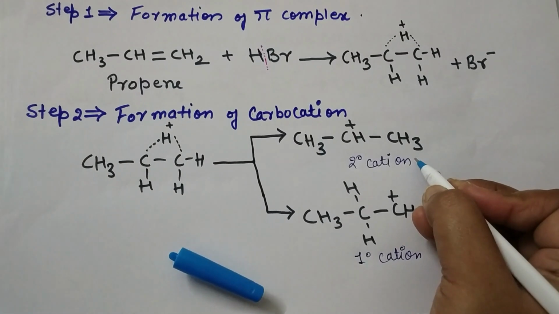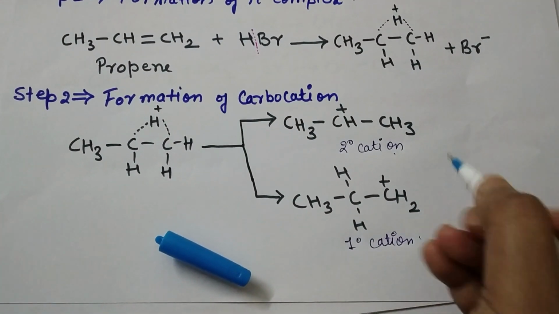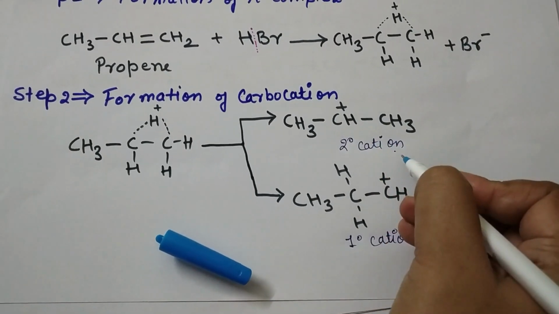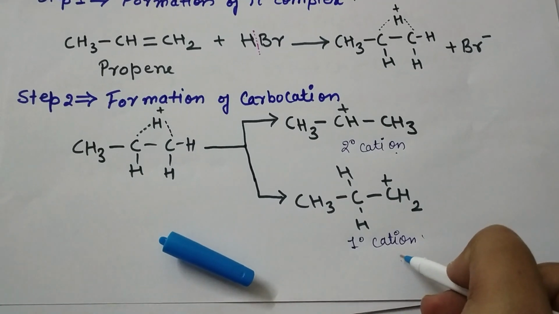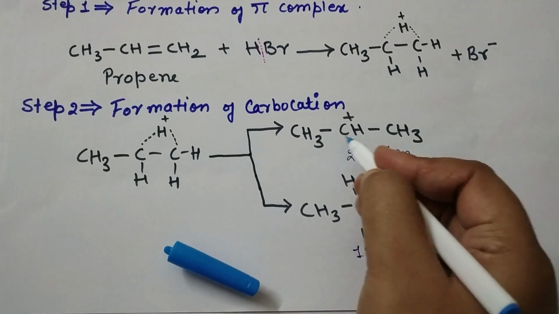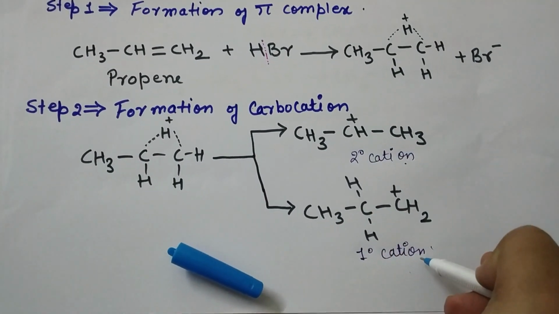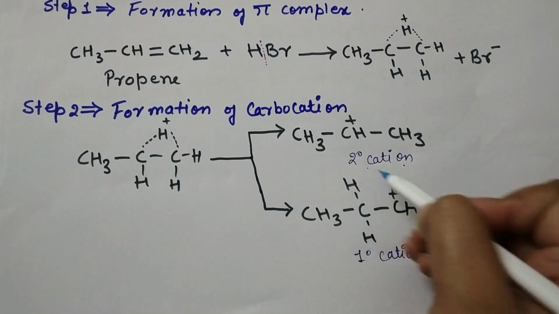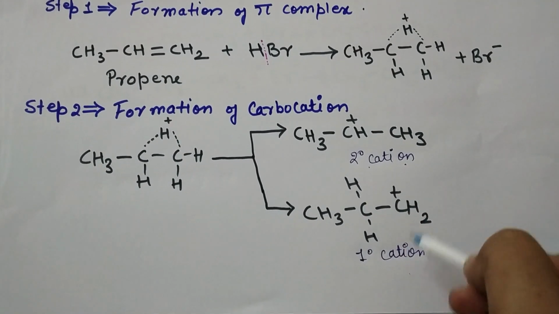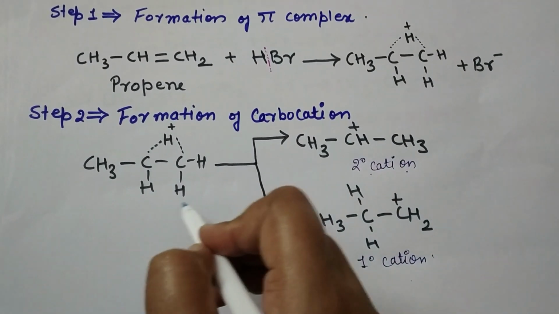Between secondary carbocation and primary carbocation, the secondary carbocation is more stable in nature as compared to the primary carbocation. So this carbocation is more stable than this carbocation. Here you can see this is the secondary carbocation and this is the primary carbocation. So two types of carbocation can form by this structure.